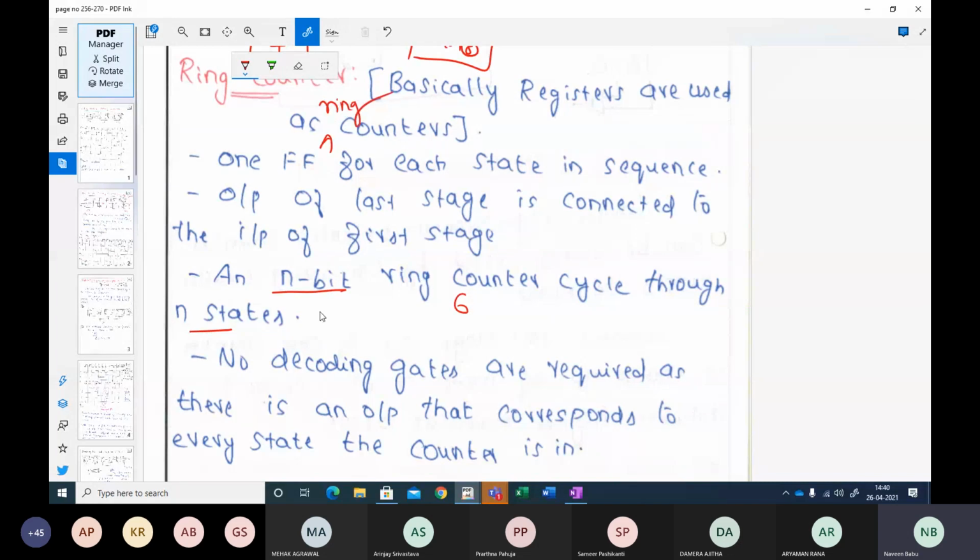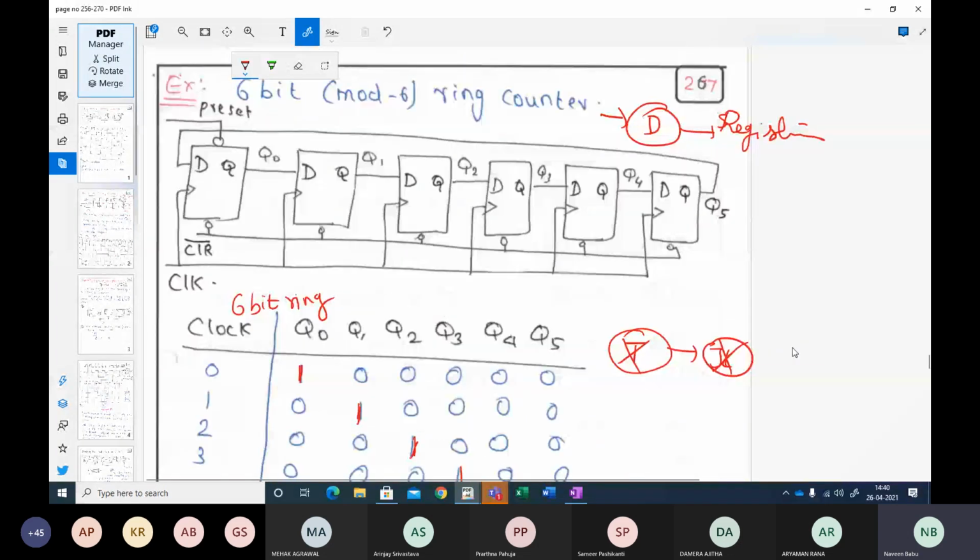Now, the logic behind implementing it is very simple. This is the first flip-flop, second flip-flop, third, fourth, fifth, and sixth flip-flop. The Q0 output is fed directly to the D input. Q1 output is directly fed to the next D input likewise.